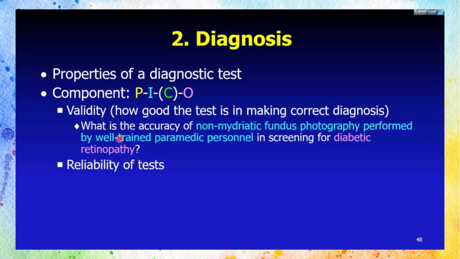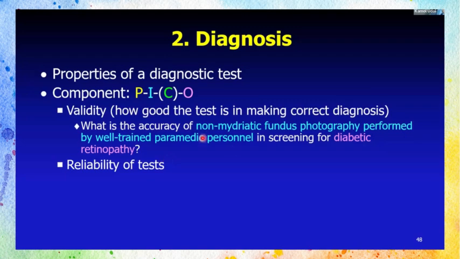For validity, a research question like this: what is the accuracy of non-mydriatic fundus photography performed by well-trained paramedic personnel in screening for diabetic retinopathy? This is a research question regarding a diagnostic test.